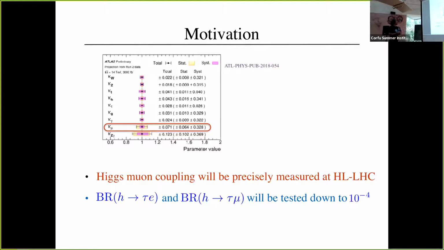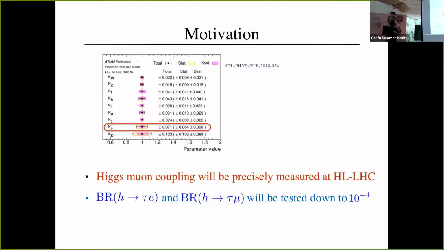So this is the projection of ATLAS for the high luminosity LHC for the measurements of the Higgs couplings. We see that it's really amazing how they plan to measure standard model Higgs couplings. Some couplings can be measured at the level of 10%.